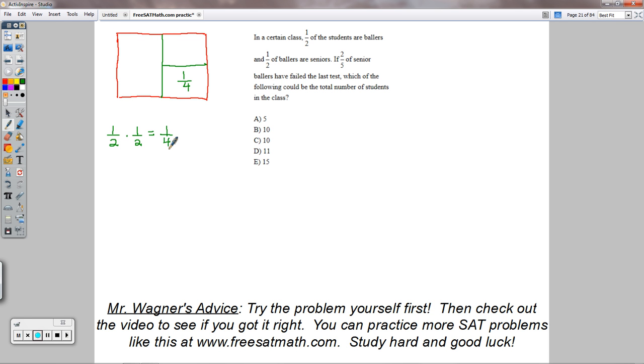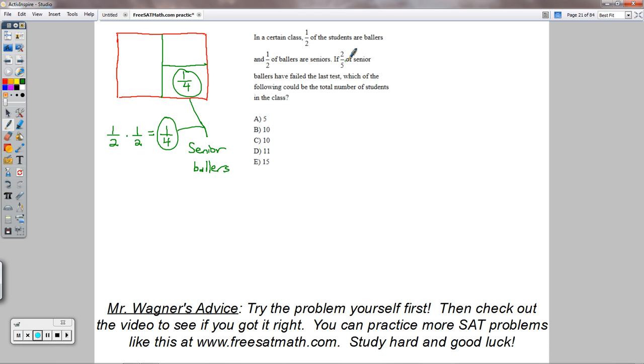That's the arithmetic way to do it. Either way, this 1/4 represents the senior ballers. So 1/4 of the class is senior ballers.